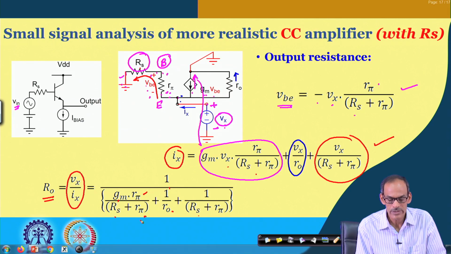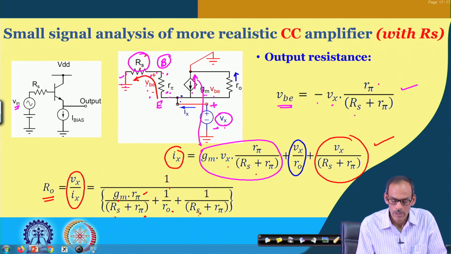So, in this case again, depending on the value of this R s, we may consider this R s with respect to R pi, but the most important thing is that we do have G m into R pi getting multiplied.